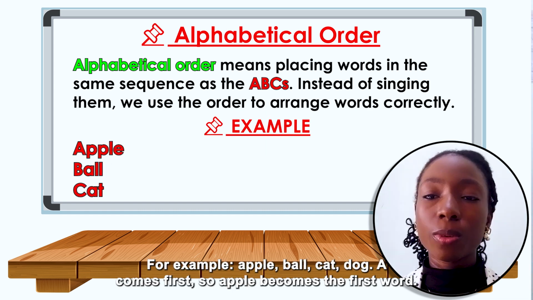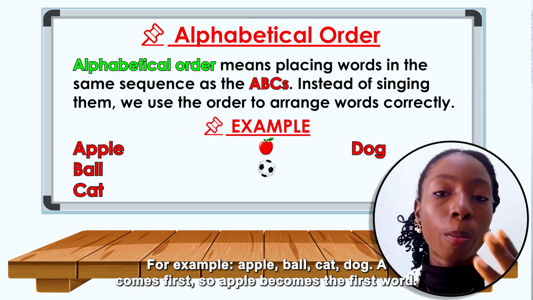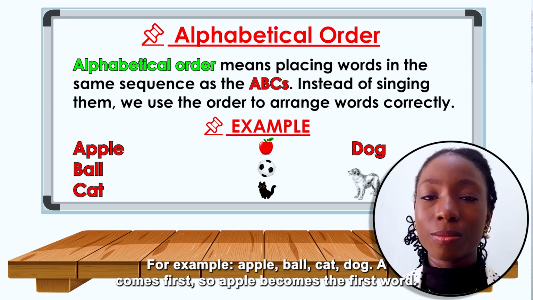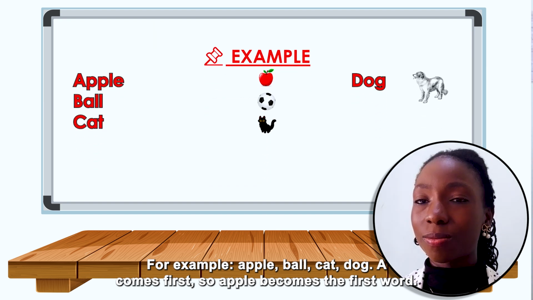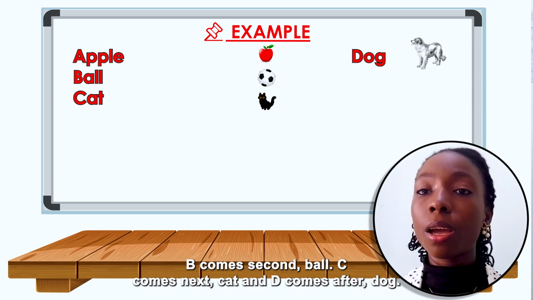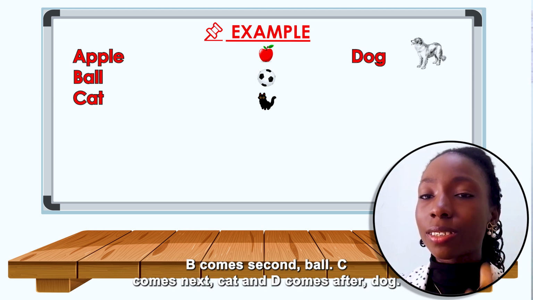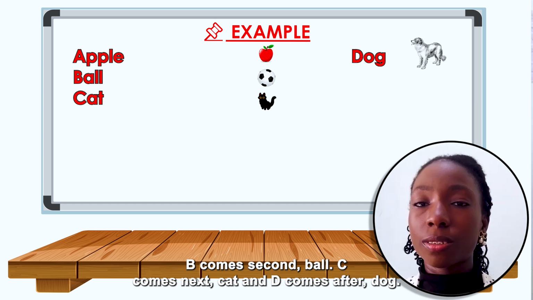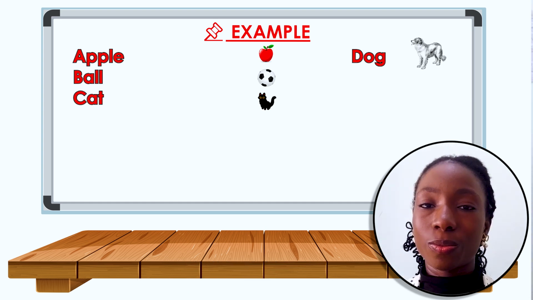For example, apple, ball, cat, dog. A comes first, so apple becomes the first word. B comes second, ball. C comes next, cat. And D comes after, dog.